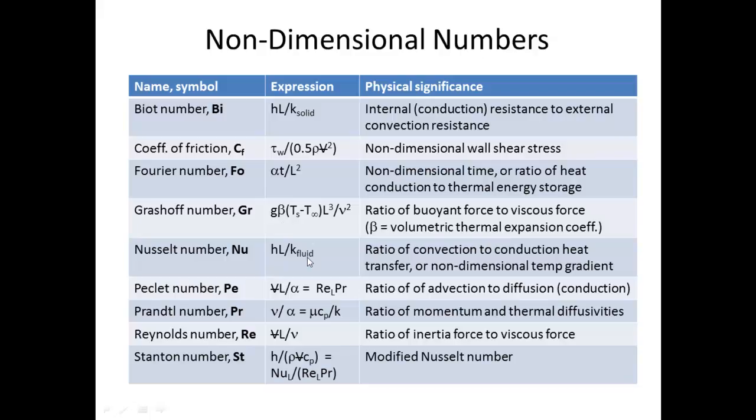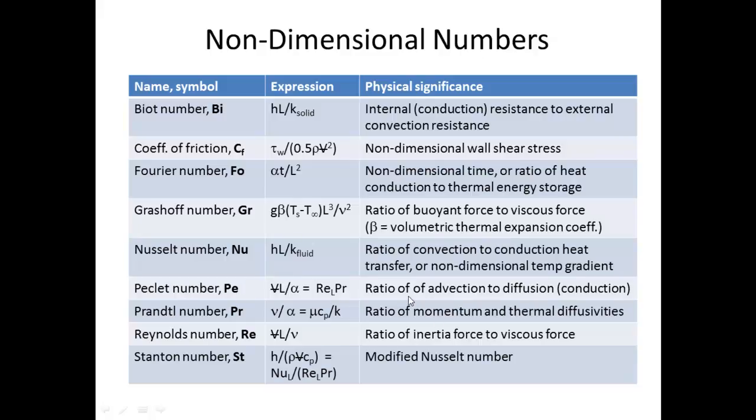We have discussed earlier that the expressions of Nusselt number and Biot number are comparable. The only difference is that in the case of Nusselt number we are using the conductivity of the fluid, whereas in Biot number we are looking at the conductivity of the solid. So the Biot number is more related to the solid, and the Nusselt number refers to the fluid.